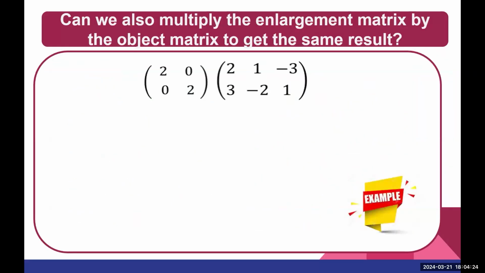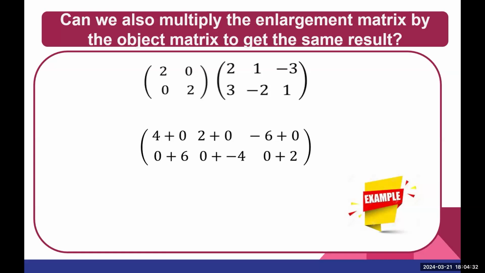As you can see here, we can use the enlargement matrix to multiply the object to get the same result. 2 times 2 plus 0 times 3, 2 times 1 plus 0 times negative 2, and so on and so forth. And we would get the same result as if we simply multiply the given matrix in vertex form by 2. And that's it for enlargement matrix.